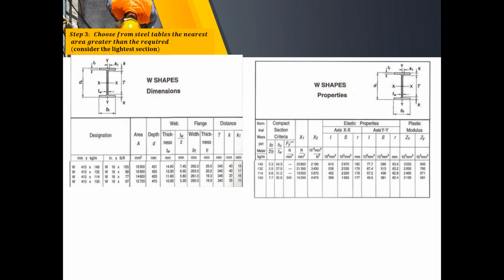From our calculation a while ago, I think we should go directly to the trial section 410 by 132 with the corresponding properties, the area, and the radius of gyration along the x and y axis.